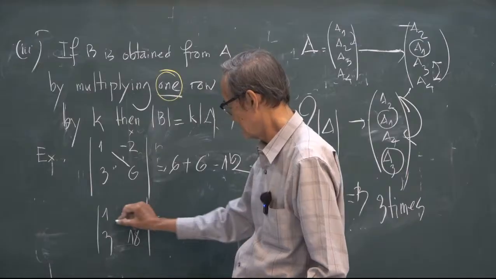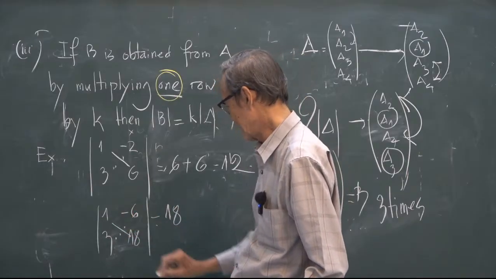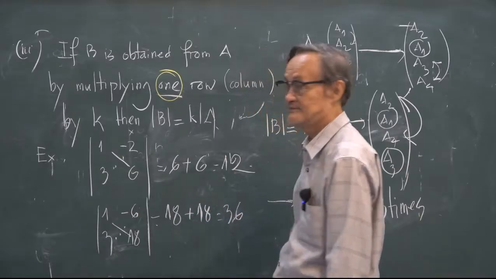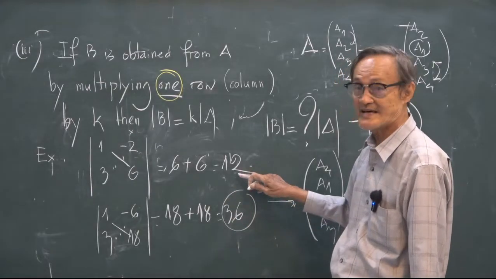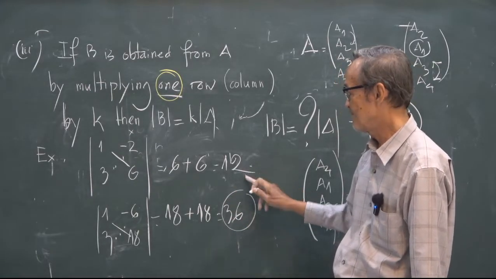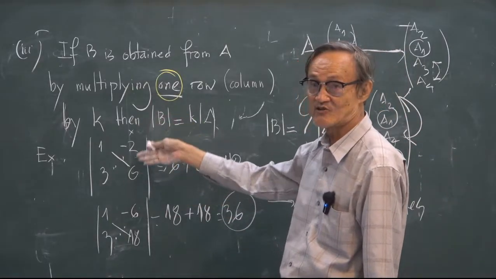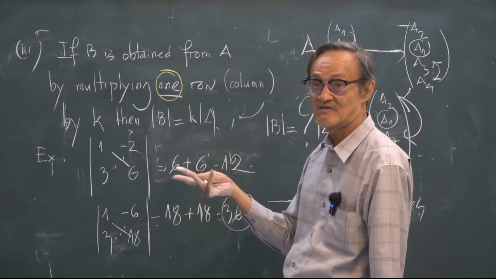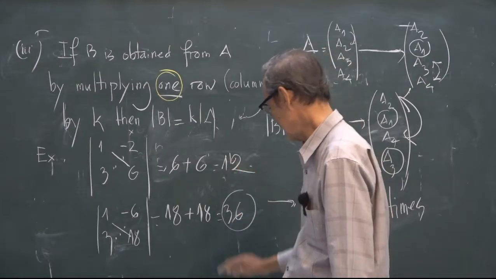We have 18 minus of minus plus 18. So this result is 3 times of this, because we multiply the second row by 3, and the result is 3 times of this.